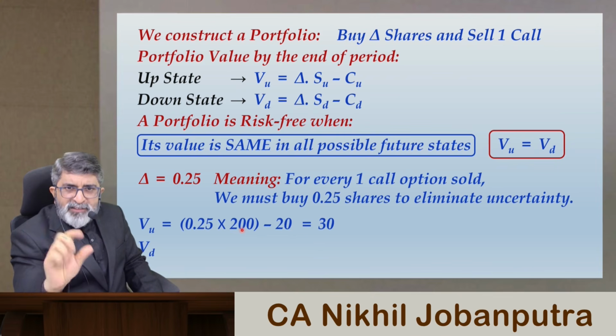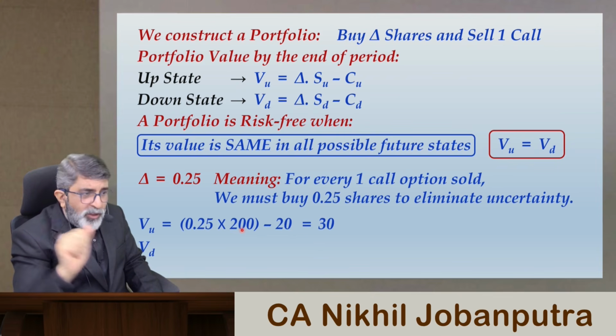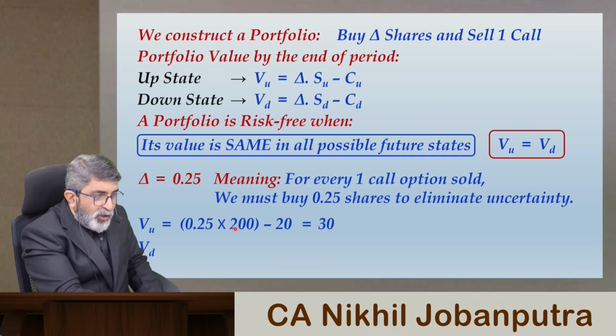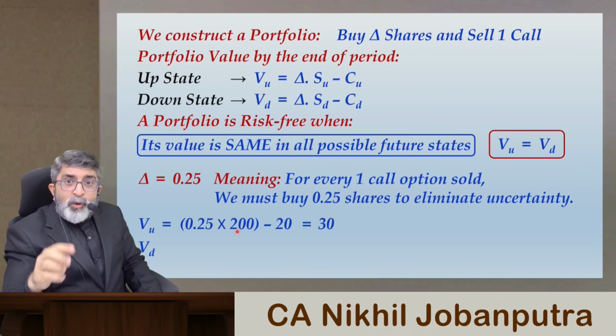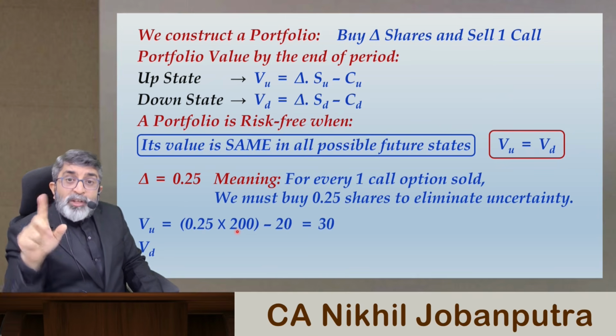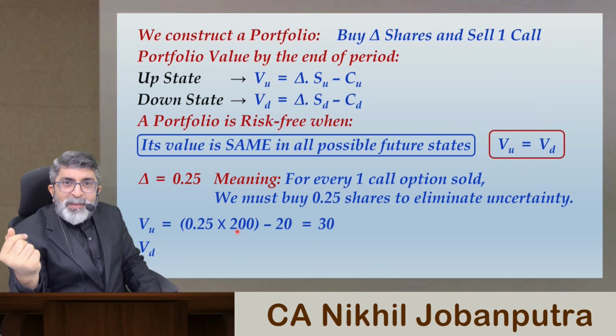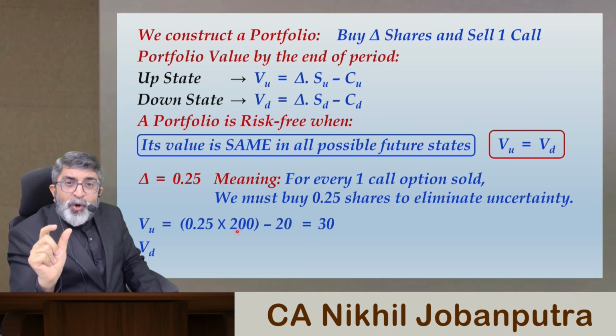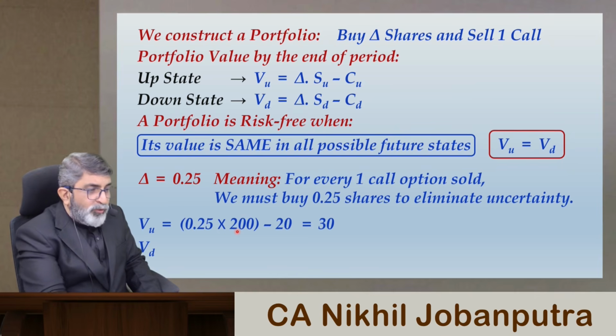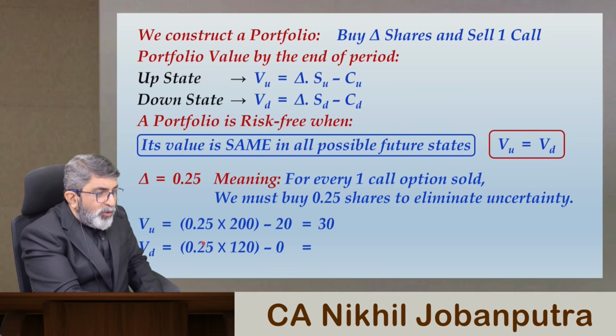So this part will be $30, but if the price goes down, the call option goes out of the money and it will not be exercised. So the counterparty who is holding the call will never come to you to take away some money. In simple words, the value of the call when the price goes down is 0. So nobody takes anything from you. So this is $30 minus 0, it remains $30.